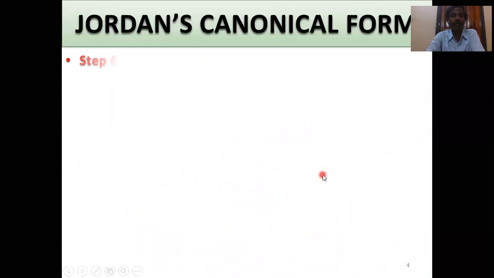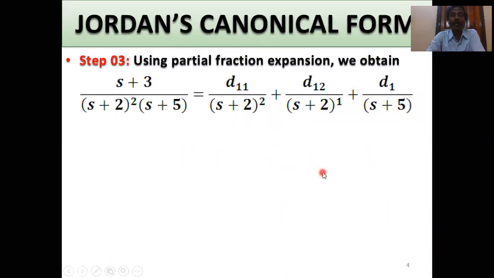So what are the d11, d12 and d1 values? (s + 3) by (s + 2) whole square (s + 5) equals the partial fraction form.